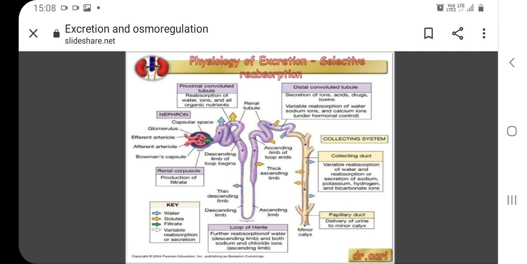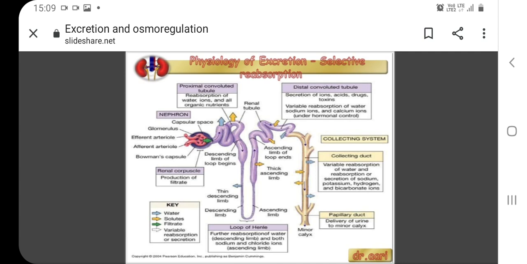In the thick part of the ascending loop of Henle, these same ions are actively transported into the interstitial fluid because salt and not water is lost.